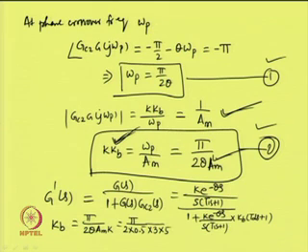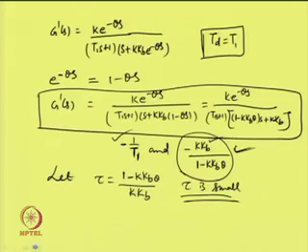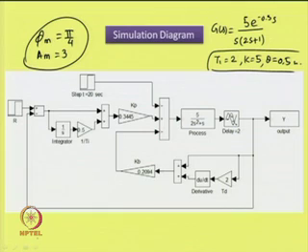That gives us K B is pi upon 15, which is 0.2094. So, thus we have got the design value of the K B shown over here, 0.2094.